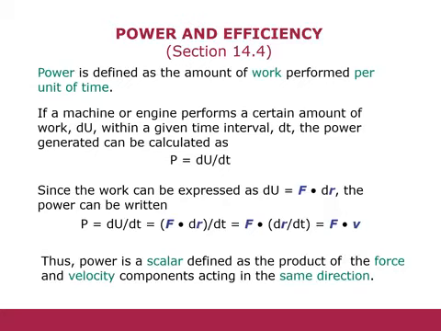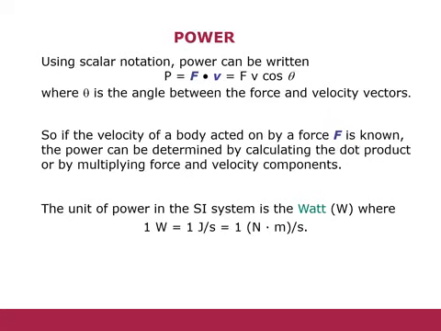So we can write power as the dot product of the force and the velocity. This is a scalar quantity, and we have to take the components of the force and the velocity which are in the same direction. The unit of power is the watt, which equals joules per second.